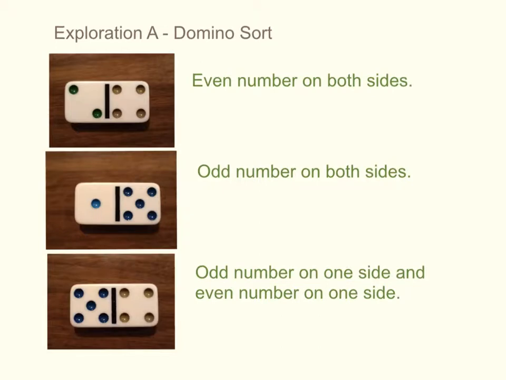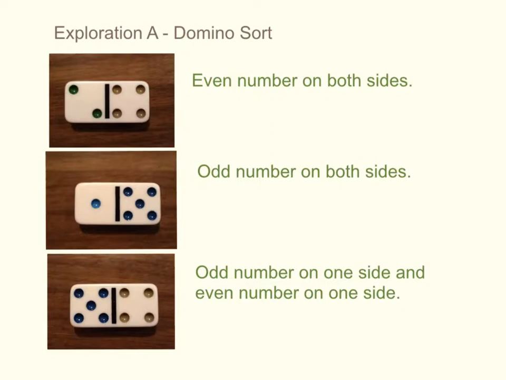The first thing we're going to do today is Exploration A, a domino sort. We are going to look at our groups of dominoes and determine if the dominoes have even numbers on both sides, odd numbers on both sides, or an odd number on one side and an even number on one side.